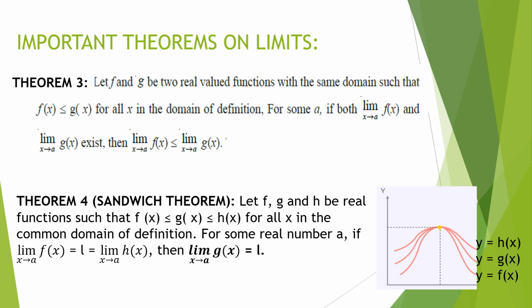For some real number a, if limit x tends to a f(x) is equal to say L, and that is same as limit x tends to a h(x), that means if the limit of the functions f(x) and h(x) at x tends to a is same, then that will again be the limit of the function which is in between, means limit x tends to a g(x) will also be equal to L. So if the limit of f(x) and h(x) is L, the limit of g(x) will also be equal to L in this case.